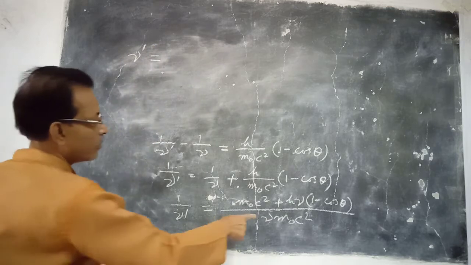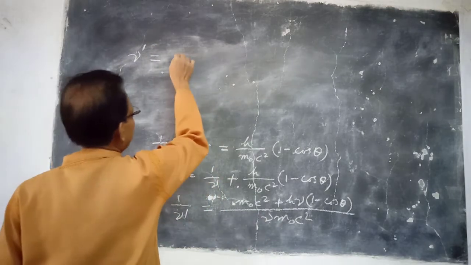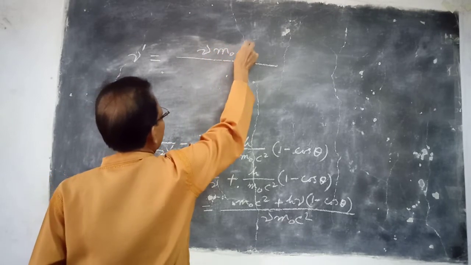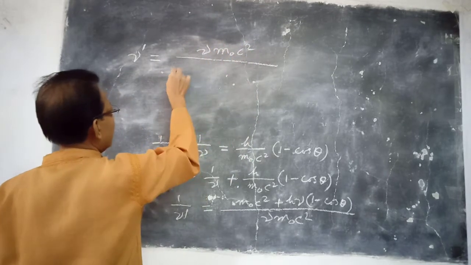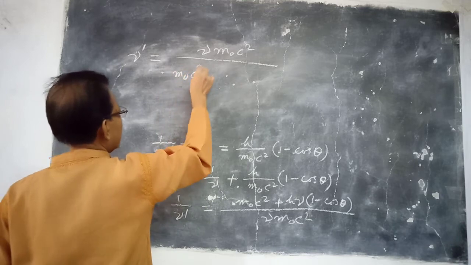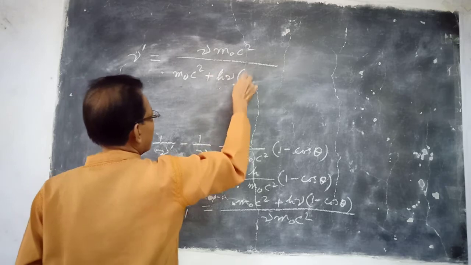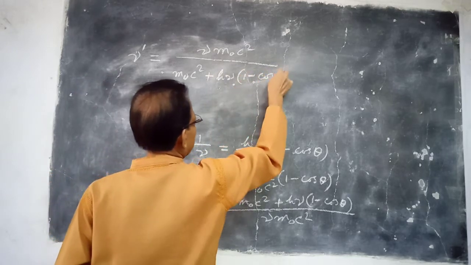Nu prime is equal to nu m0 c square divided by m0 c square plus h nu into 1 minus cos theta.